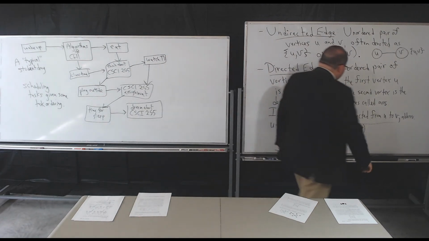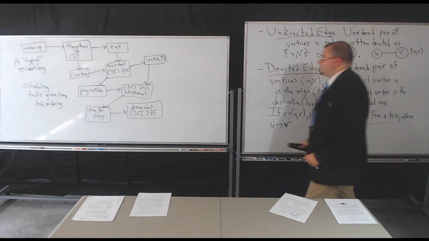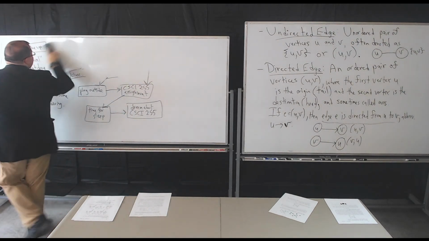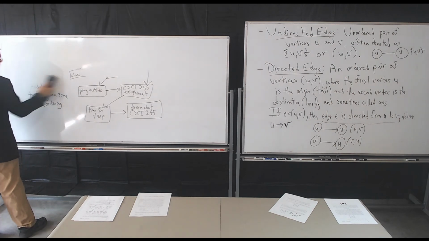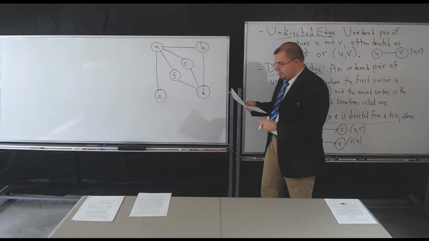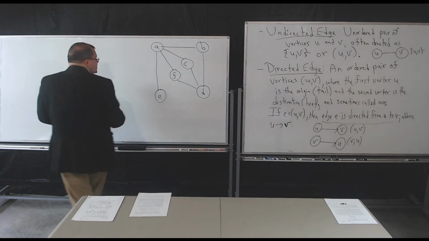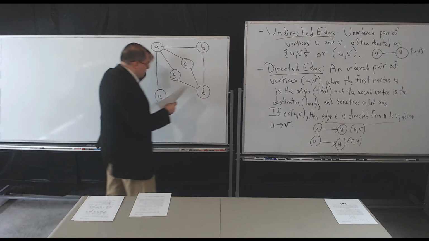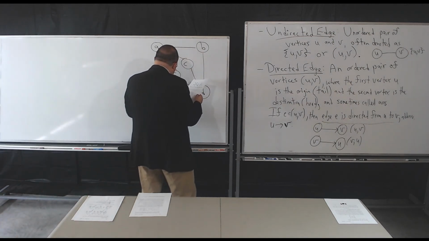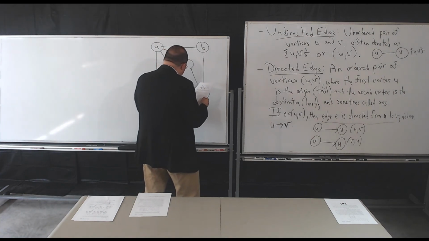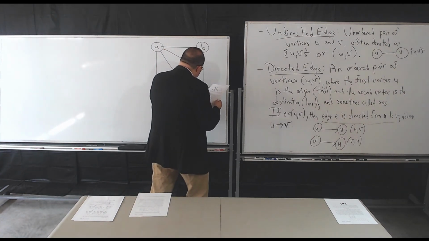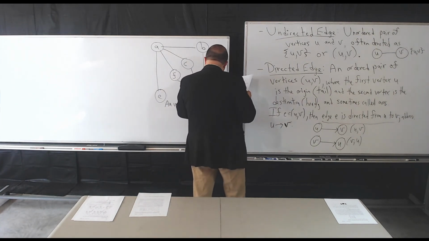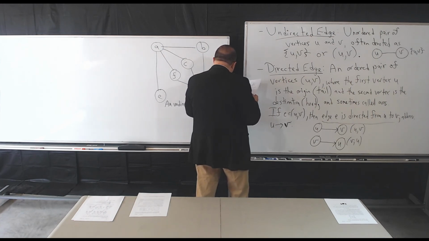Now, naturally, I need to draw you a picture just to remind you of what all these definitions mean. So I'm going to draw what is called an undirected graph. Here's a graph. What kind of edges does it have? It has undirected edges, right? So this is what is called an undirected graph, because it consists entirely of undirected edges. So G equals (V, E).